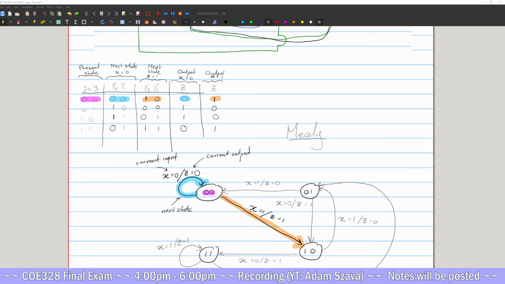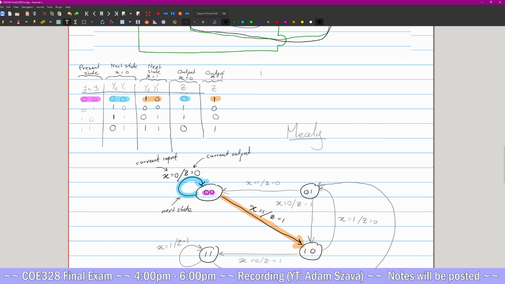So for Moore, we won't have next state columns then, right? Well, no, you still have next state. You will have two next state columns. You won't have two output columns. You'll have only one output column.